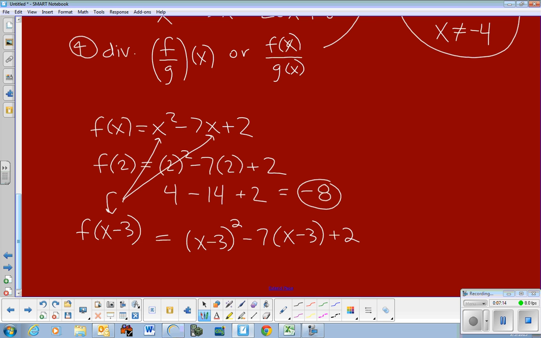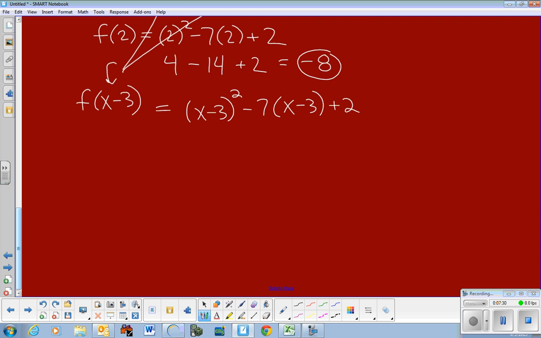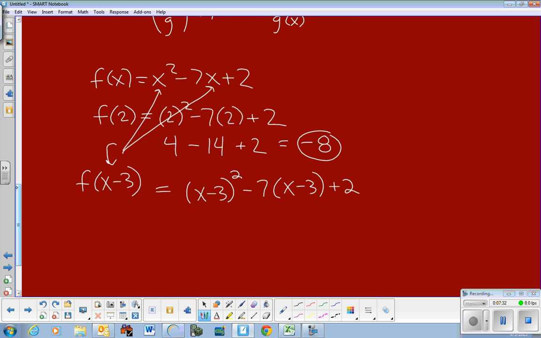It might seem easy and logical in this example, but year after year in many different classes, function calls of more than just subbing in a 2, like subbing in an x minus 3, cause problems. So be careful with this and make sure you understand it. Whatever goes in those parentheses is going in for every single x.